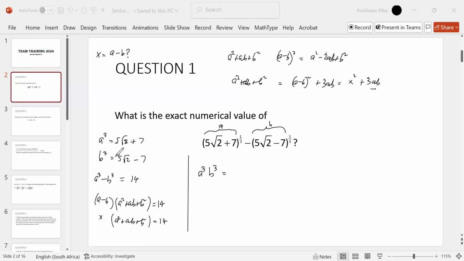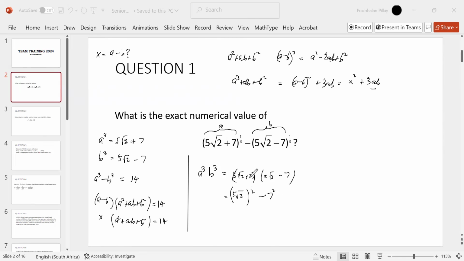So this times this, that's 5 root 2 plus 7 into 5 root 2 minus 7. And this is the nice friend. It's the difference of two squares. A plus B into A minus B. So that's 5 root 2, A squared minus B squared.